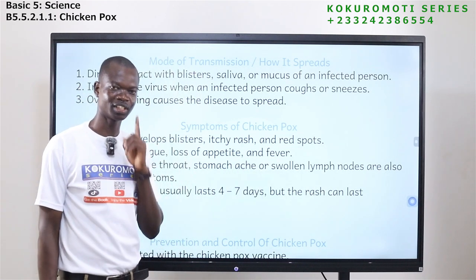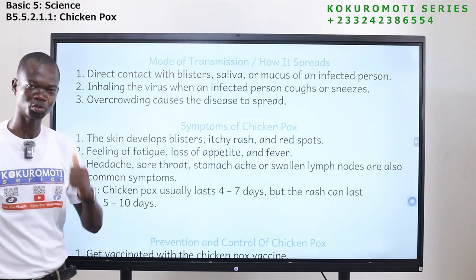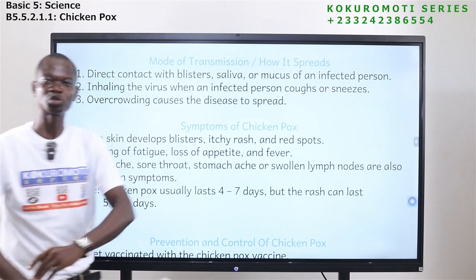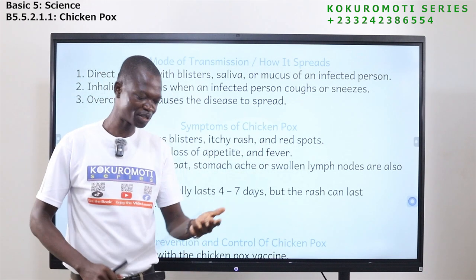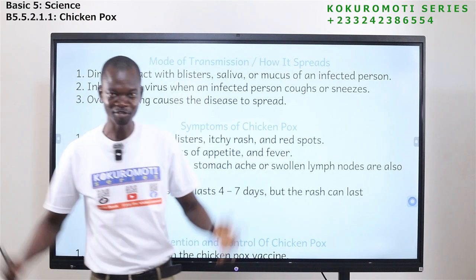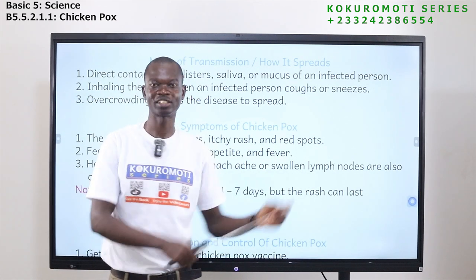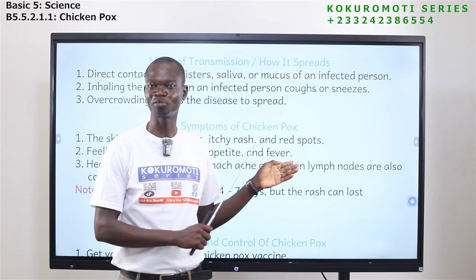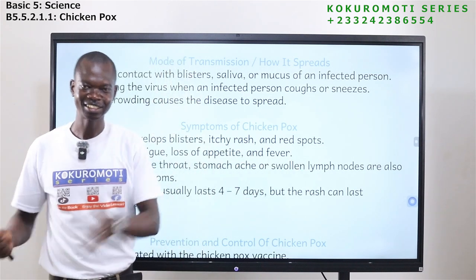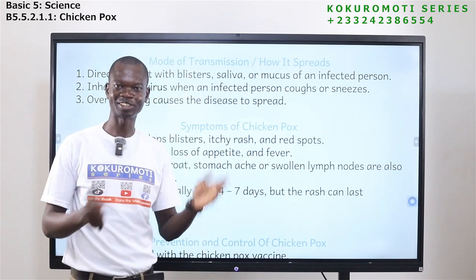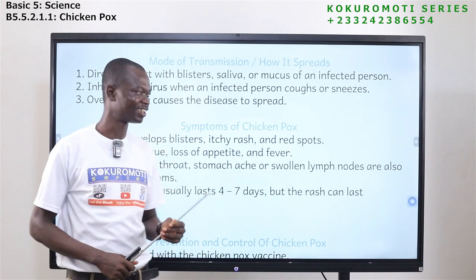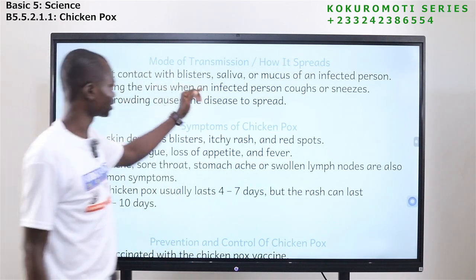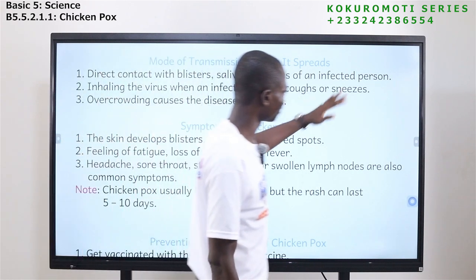Okay, so listen to me. Don't go to school, get infected, come home, and spread the disease to your parents, your siblings, all family members. Let's pay attention so that you will not bring any disease home and infect your entire family. The first thing: direct body contact with blisters, saliva, or mucus of an infected person.